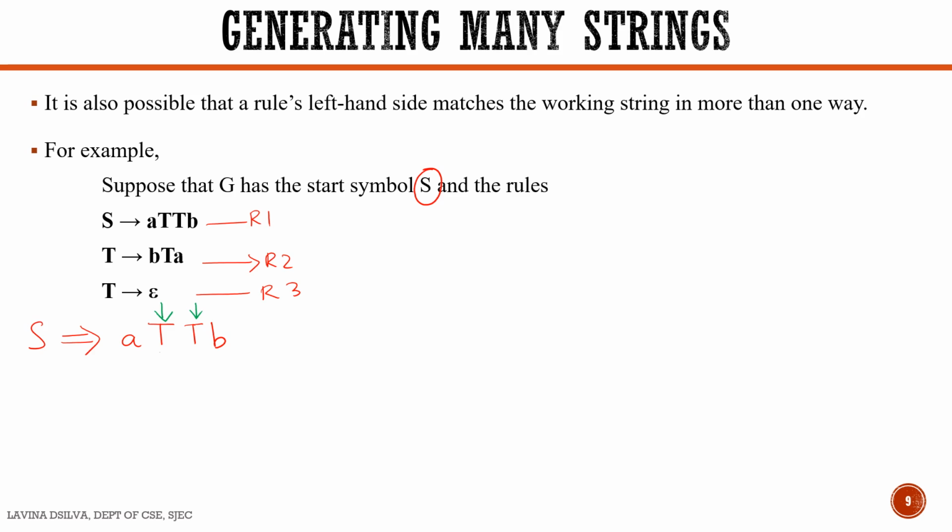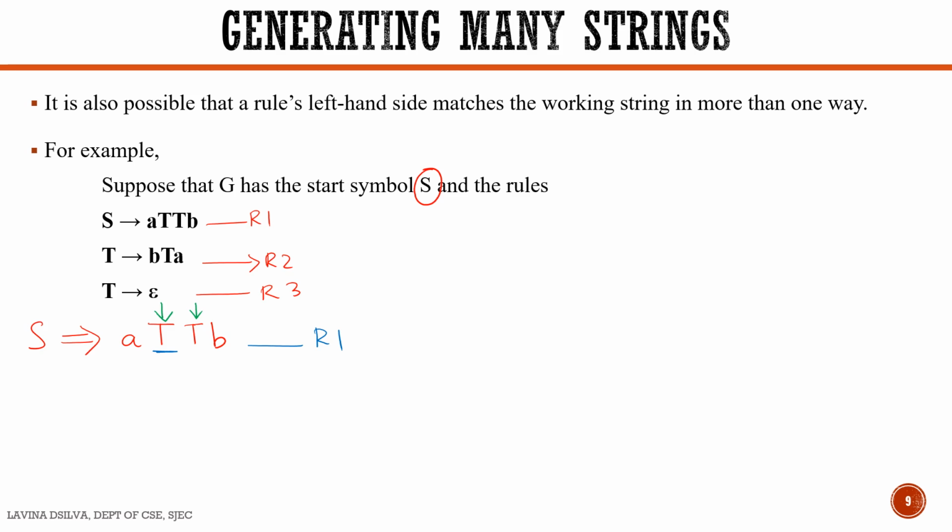Let us consider that we are replacing this first T. And now when we replace the first T, again we have to make a choice whether we make use of rule number 2 or rule number 3. So here it was rule number 1. Now we have to make a choice whether we have to use rule number 2 or rule number 3.